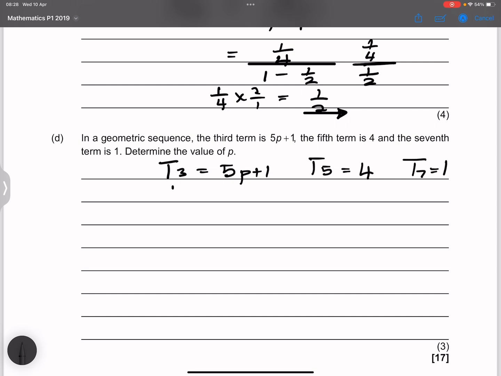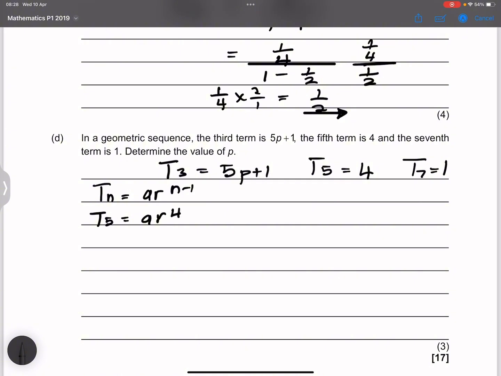All right, so what I'm going to do, ladies and gents, let's try and find what the value of a and r is respectively. So T5, remember, for a geometric sequence, Tn is ar^(n-1). So T5 is going to be a times r to the power of 5 minus 1, which is 4.